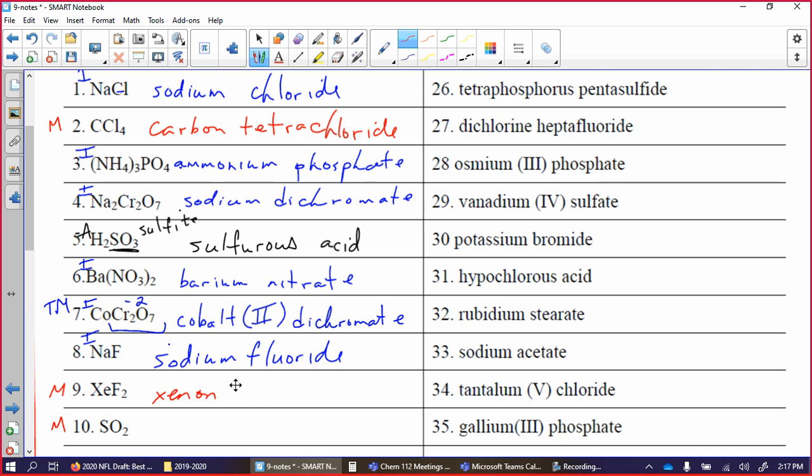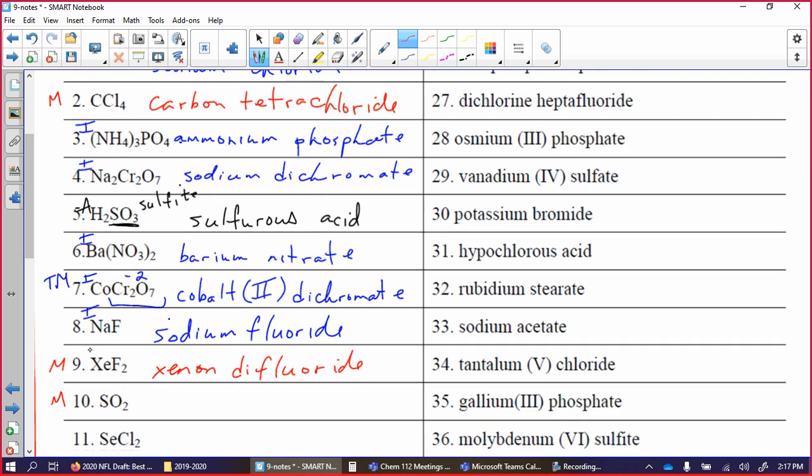You can make it on your windowsill, if you have xenon and fluorine gas, which most people don't, because xenon is expensive and fluorine is dangerous. And then SO2 is sulfur dioxide. So that's kind of the thought process for those.